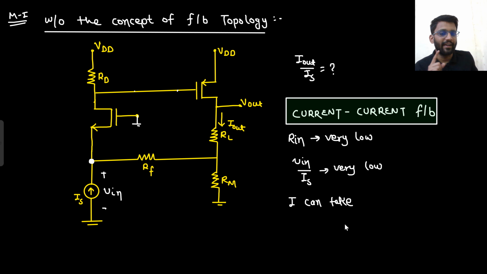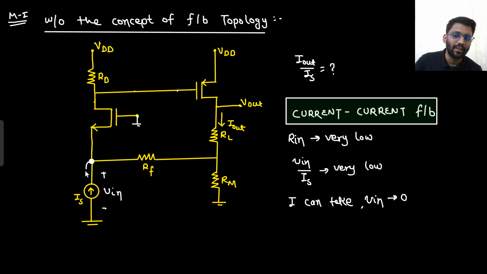If I don't make any assumption, this problem will be very time consuming, there will be a lot of equations. But smartly I got to know that this is a current feedback topology, and in the current feedback topology my input impedance is very low. So I can take the assumption that V in is nearly equal to 0.